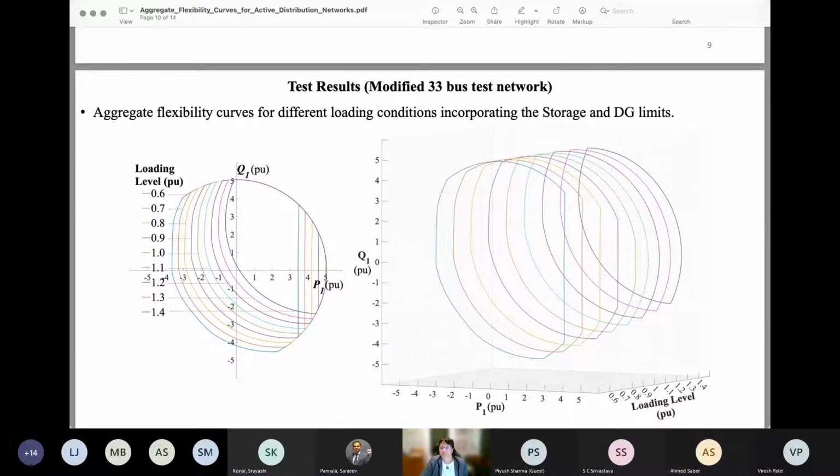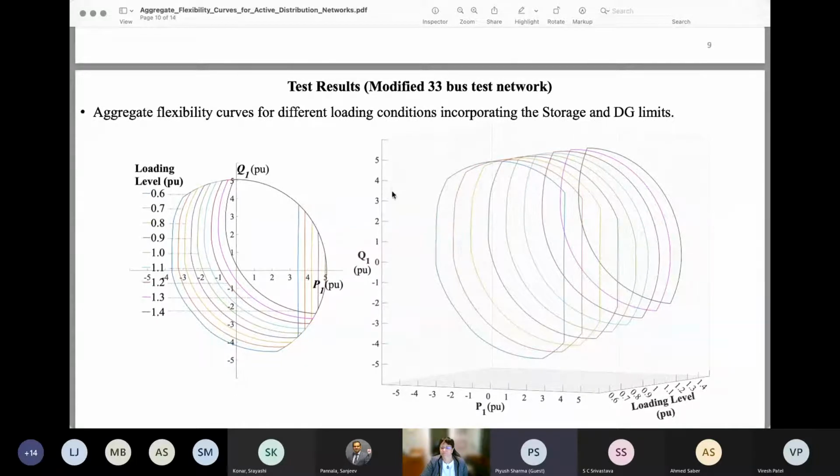Okay, we've got one question in the chat, and then we've got a hand raised. The question in the chat: suppose some customers have flexible loads of 100 kilowatts for 1 hour at some nodes of the test system. The load is not a battery, so how will you consider it in the formulation? Yes, flexible loads can be considered.